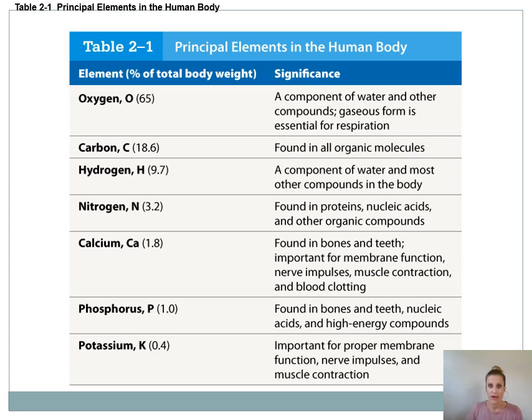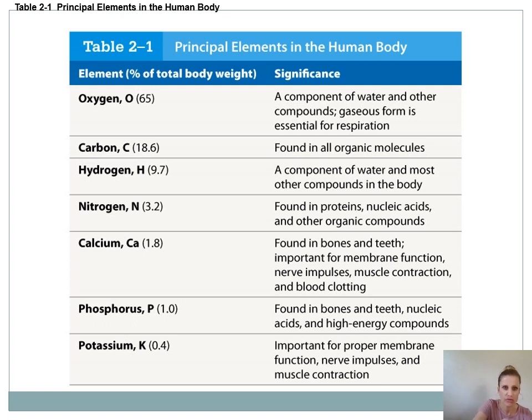Oxygen takes by far the most weight in the human body because our body is mostly water, and water is H2O. And oxygen's a lot heavier than hydrogen. So most of the body is oxygen, followed by carbon, hydrogen, nitrogen, calcium, phosphorus, potassium.